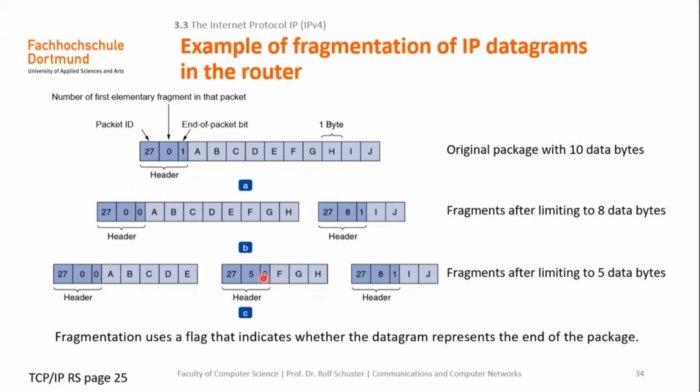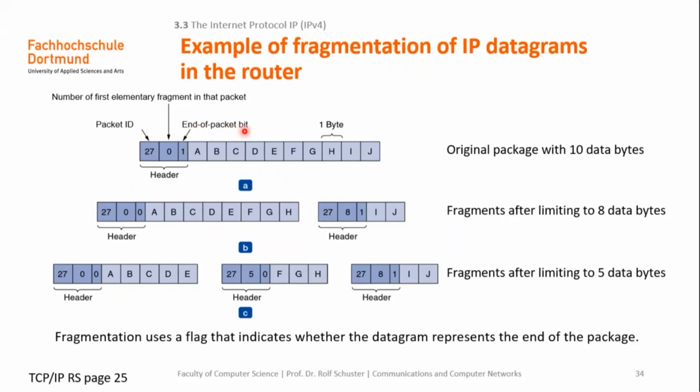Simply to clarify, here it is not the more fragment flag, it is in fact the end of packet bit. The end of packet bit is a flag that is in fact the inverse of the more fragment flag.